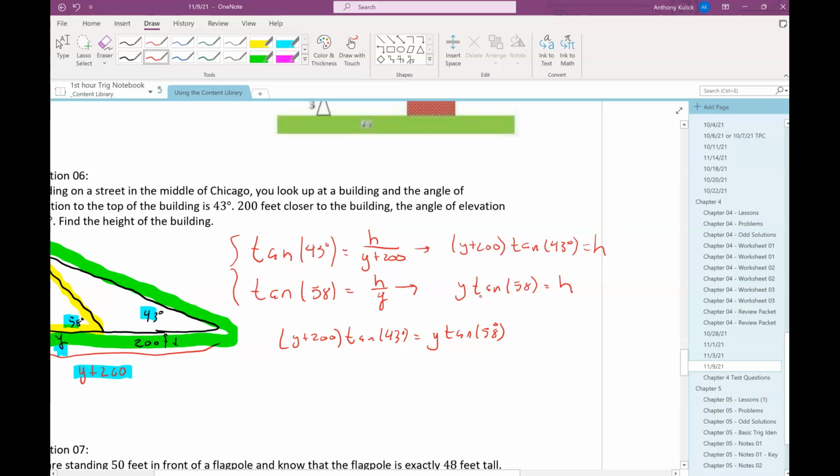So here I'm going to distribute the tan 43 through, and then get the y's on one side and the non-y's on the other. So I'm going to subtract the y times tan 43 onto the other side. In the interest of not having to write down a million things, I'm going to do that all in one step here.